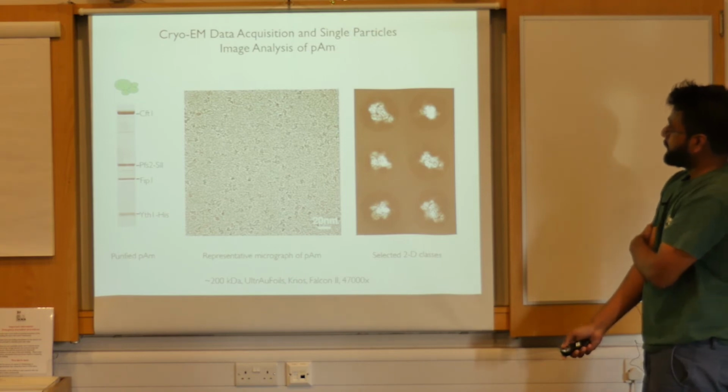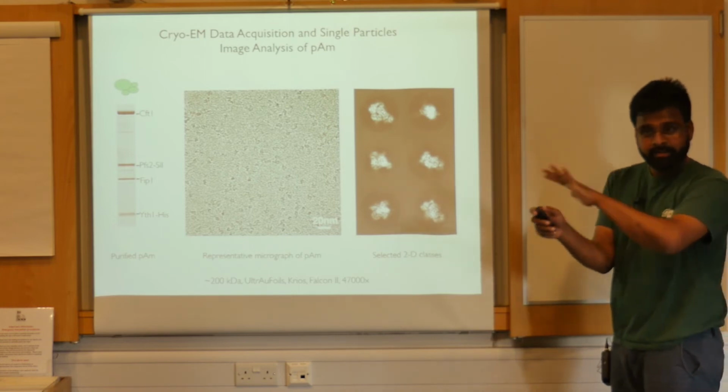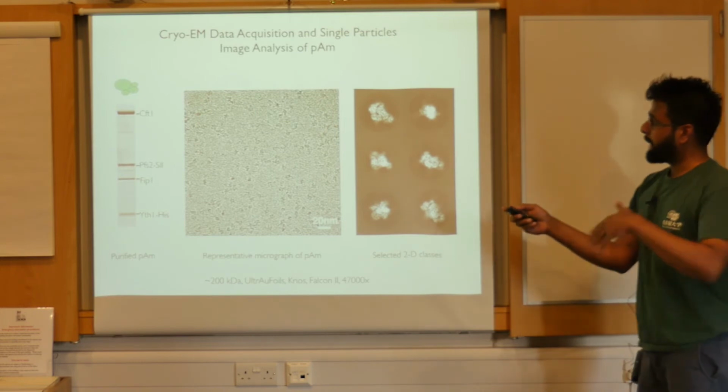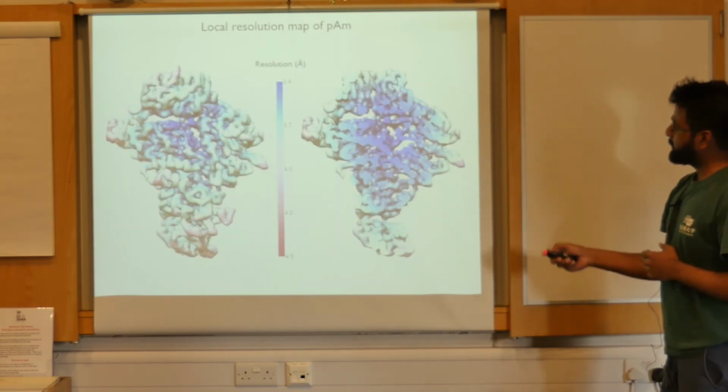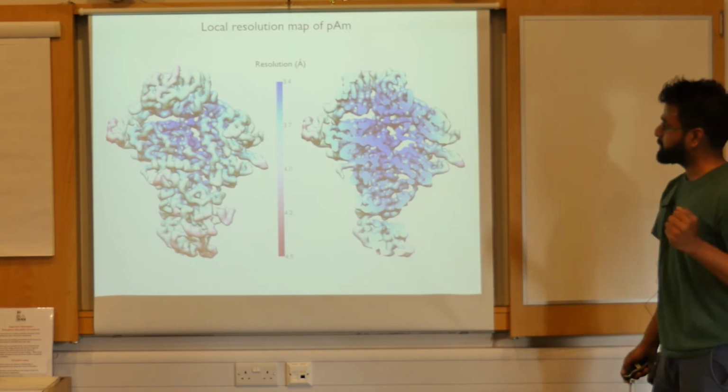So here you can see helices, and once you see such very fine details in these 2D classes, you can now confidently recombine in three-dimensional space to get a three-dimensional map of the atoms in the molecules.